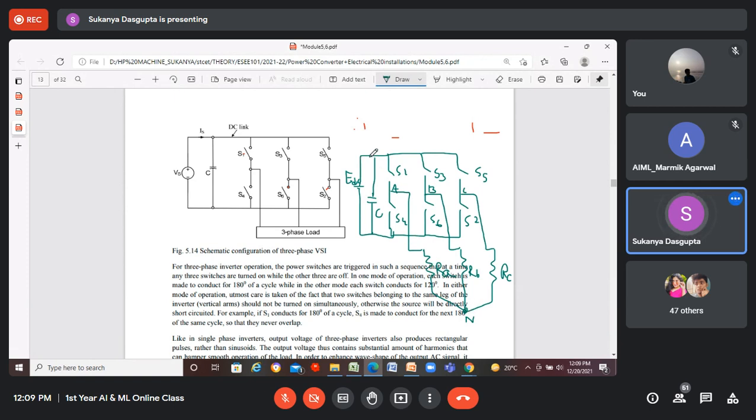So whenever switch 1 is working, this switch will be closed, and current will be flowing like this, right?